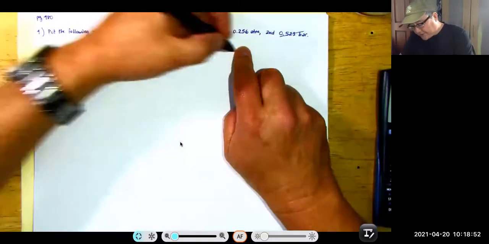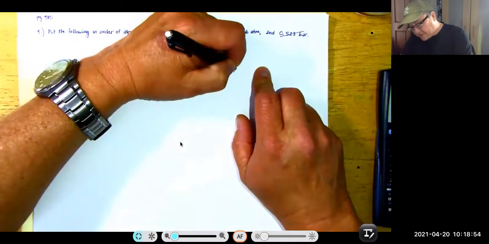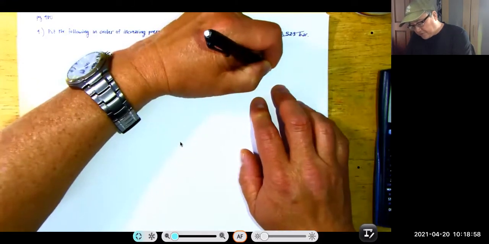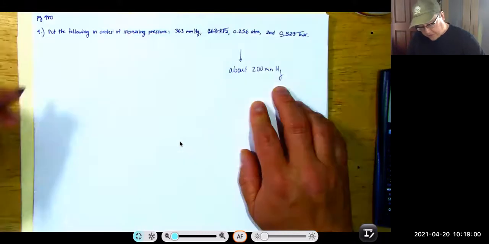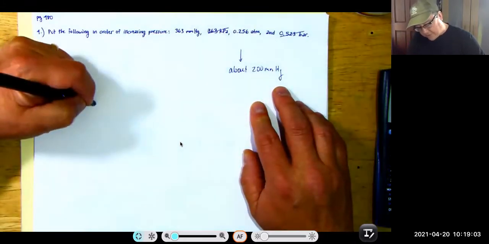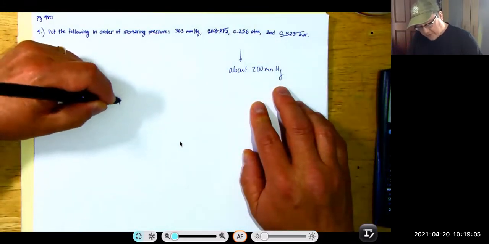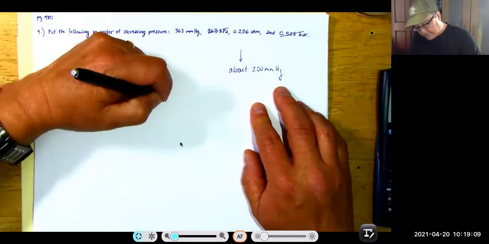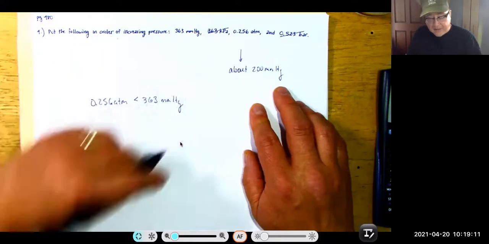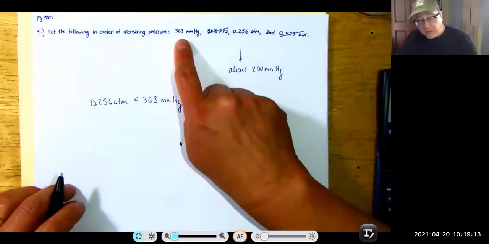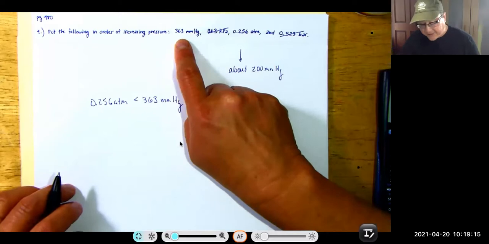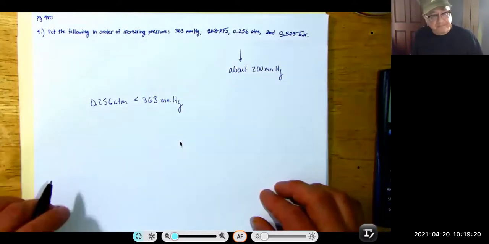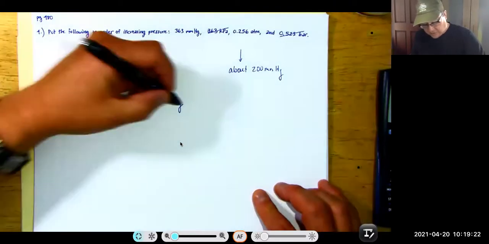So here I know that's about 200 millimeters of mercury. So for increasing pressure, I'm going to put 0.256 atmospheres first, and that's going to be less than 363 millimeters of mercury. Another way to think about it is this is almost half of 760, so that's half of an atmosphere. So this is the order. Okay, so that's all you really need here.